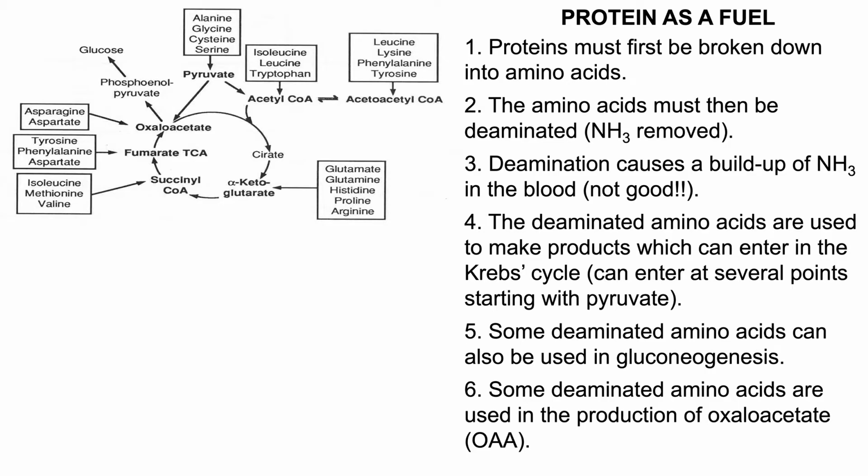For the most part, when we're using protein for fuel, what we're doing is breaking proteins down into the amino acids to be used to build up at some place within the metabolic processes. You see right here within the Krebs cycle, to be used to form all the different intermediates. This generally happens at all times. And when you're looking at proteins, there's always a relationship between breaking down versus building up.